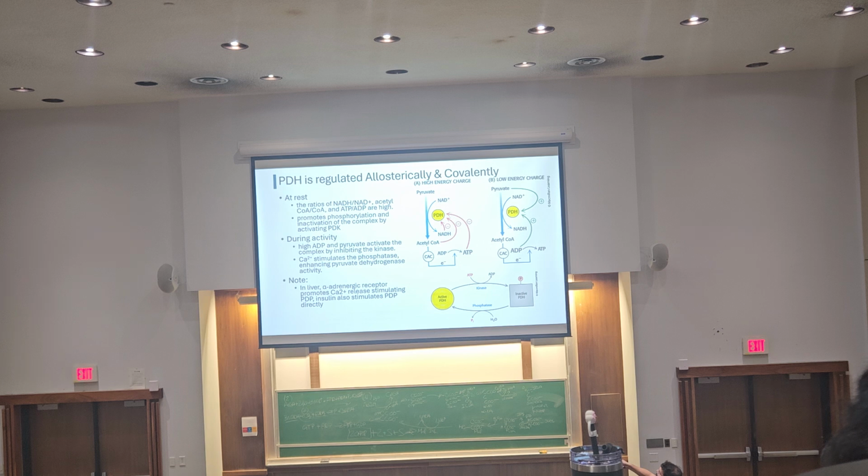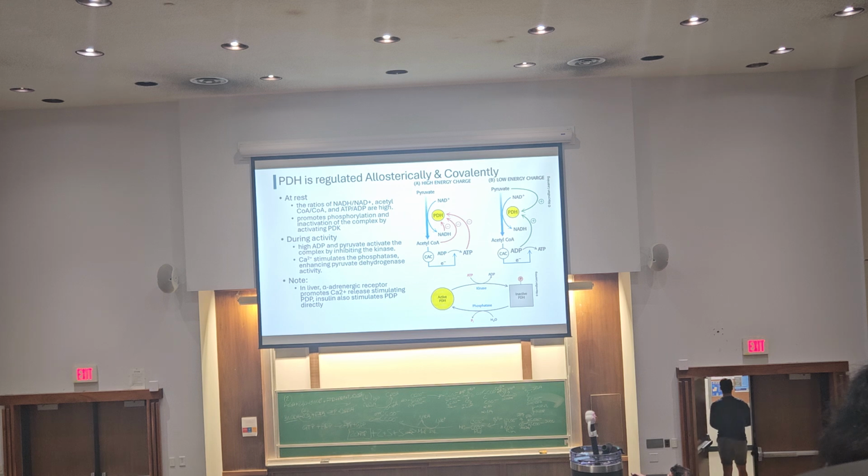So at rest, we want the kinase to be active so we can inhibit PDH even further than we are over here, the energy charge. During activity though, high ADP activates, where are we at? High ADP here activates pyruvate dehydrogenase kinase, sorry, not pyruvate kinase. Pyruvate also activates pyruvate dehydrogenase, right?